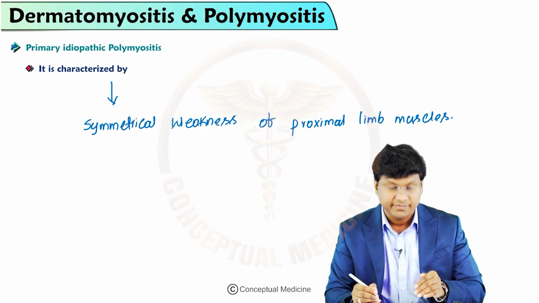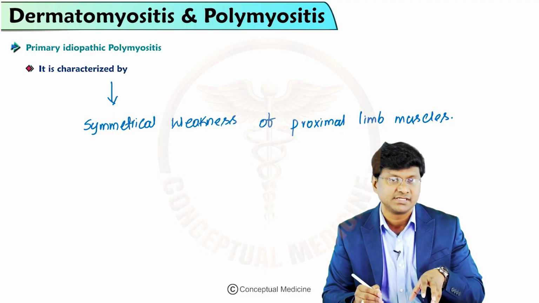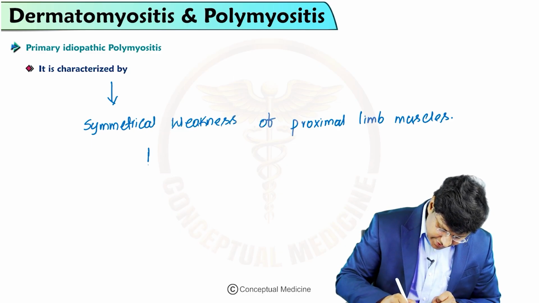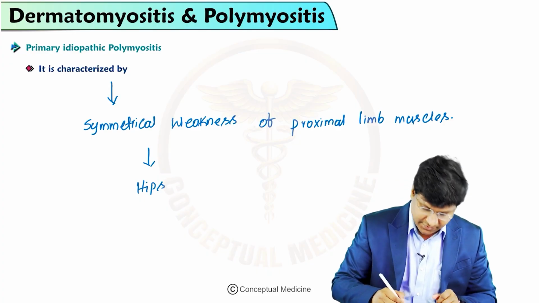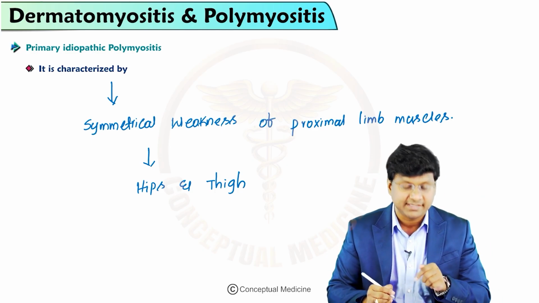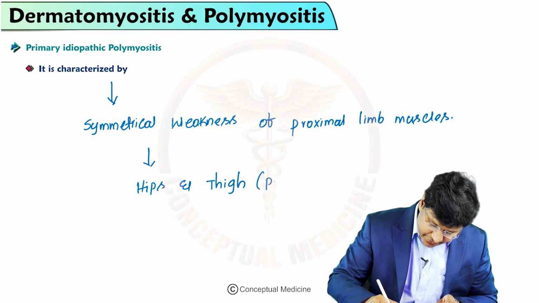It is the symmetrical weakness of proximal limb muscles, especially the muscles of the hips and thigh, which is nothing but the pelvic girdle.